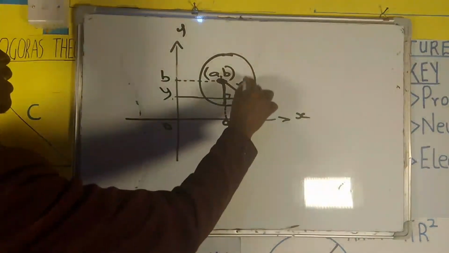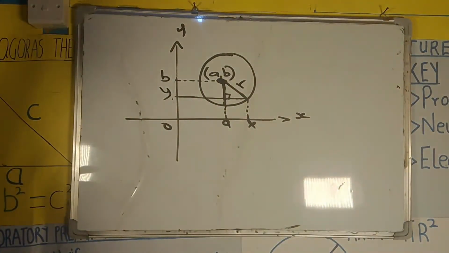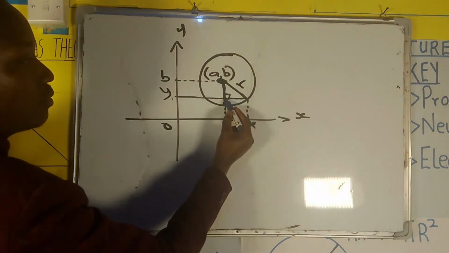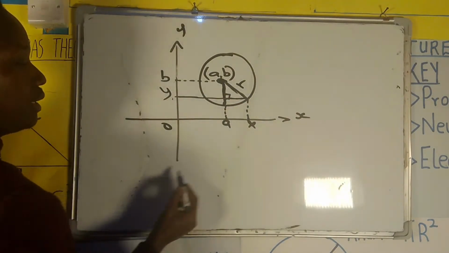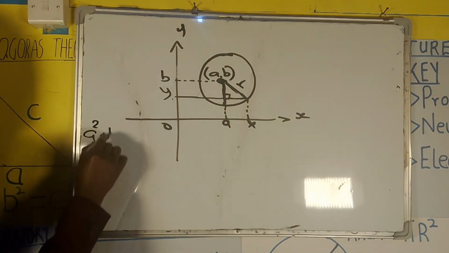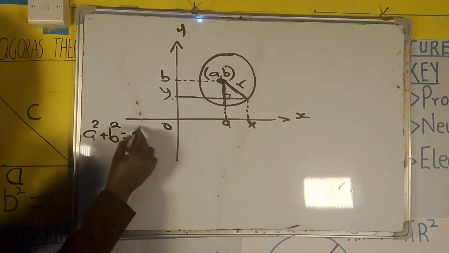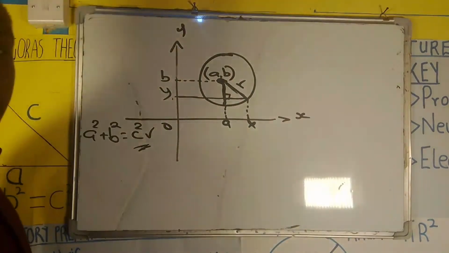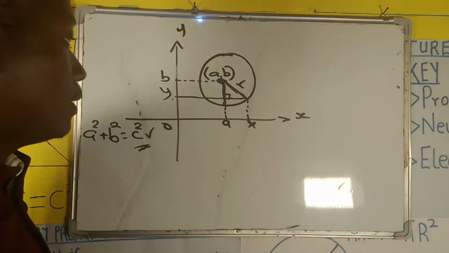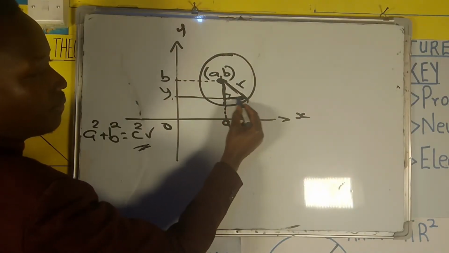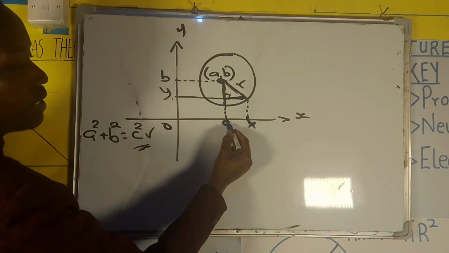Then we have the radius. If you check clearly, you note that this one is a right angled triangle. And we know that in a right angled triangle, a squared plus b squared is equal to c squared. That is the Pythagoras theorem. If you check very well here, you will see the distance from here to here will be x minus a.